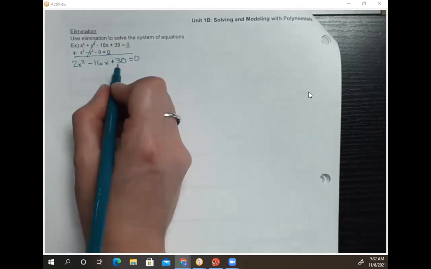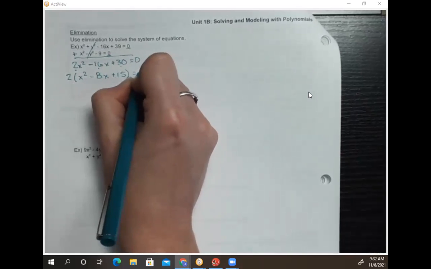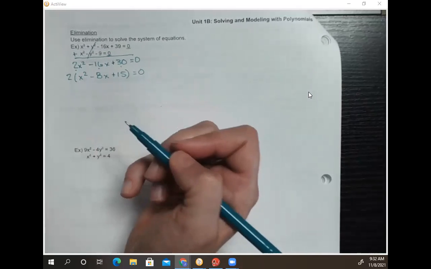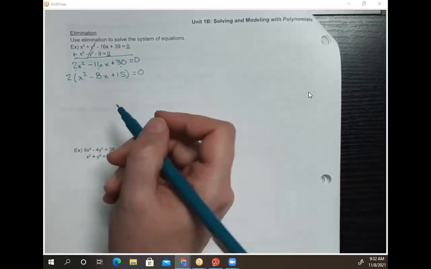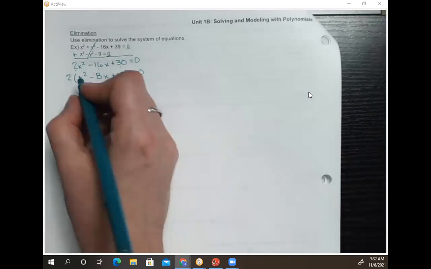So we only have x's now. I'm going to start, since we've got standard form, by factoring out my GCF of 2. So that would give me x squared minus 8x plus 15 equals 0. And then if you want to divide the 2 to the other side and complete the square or use quadratic formula, you can, but this is another function that factors nicely, and that's probably going to be our easiest option.